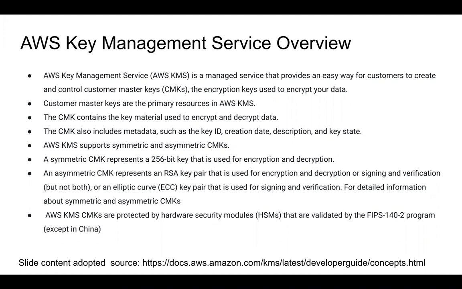So primarily, those are the three ways that you have to make sure your data is protected: in transit, at rest, and while processing. So primarily KMS addresses how you can protect your data at rest by encrypting the data using symmetric key or asymmetric key encryption algorithm.